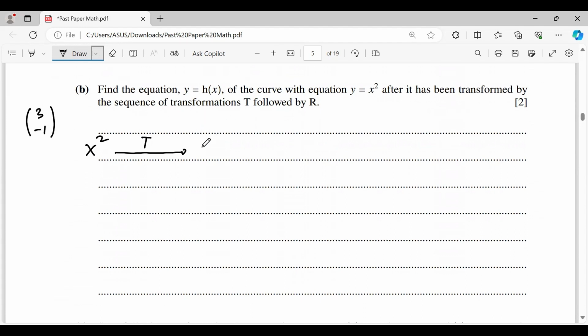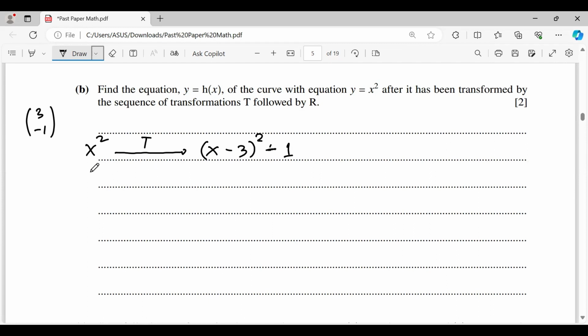So it's going to be (x minus 3) squared minus 1, and not minus anymore, because this is x squared. Transformed by this translation, it is (x minus 3) squared minus 1.